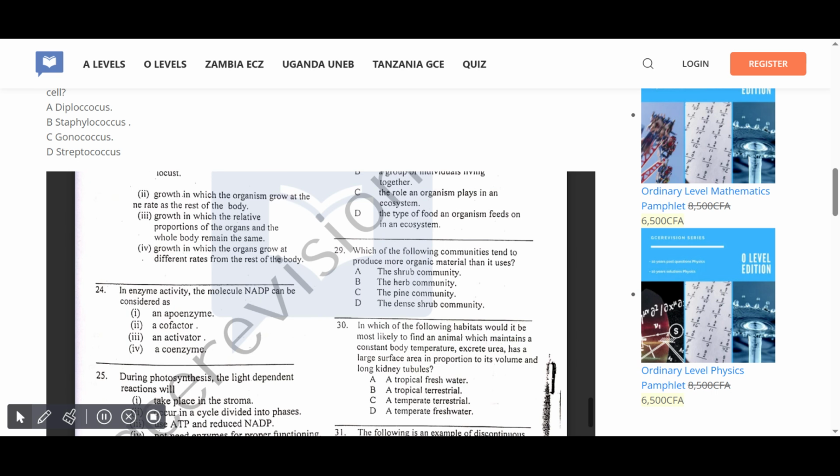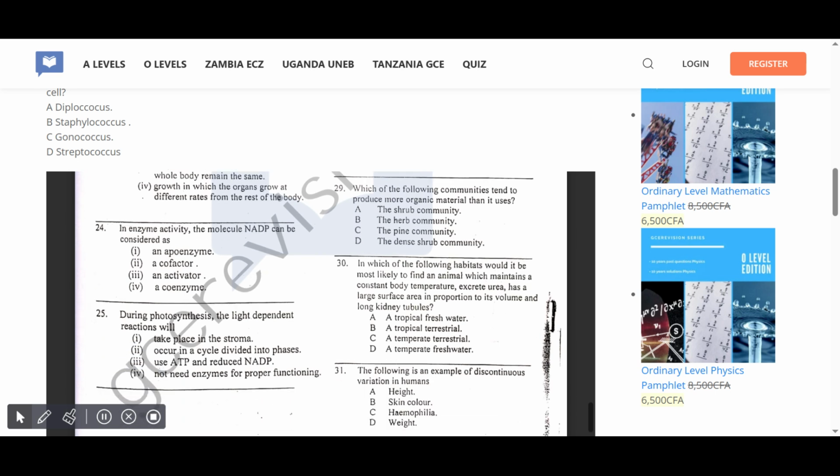Question 24. In enzyme activity, the molecule NADP can be considered as. The answer is D. Question 25. During photosynthesis, the light-dependent reaction will.